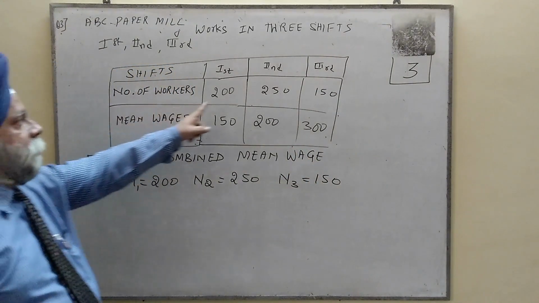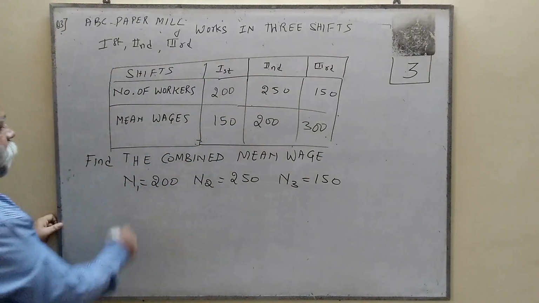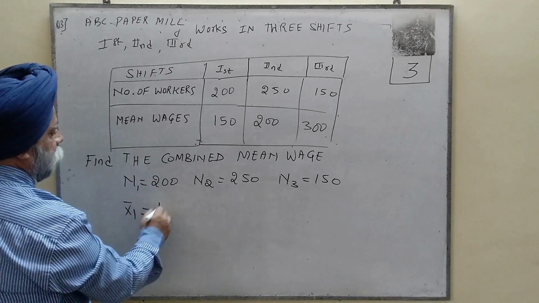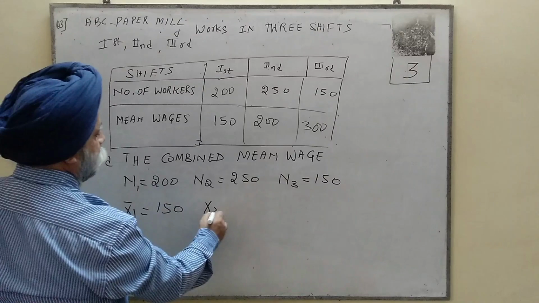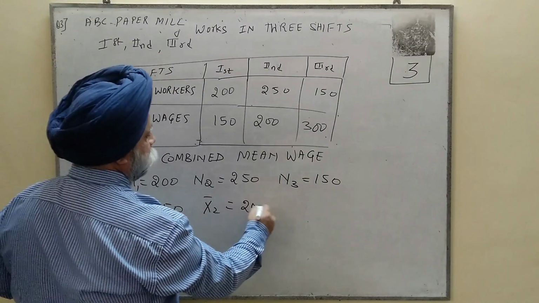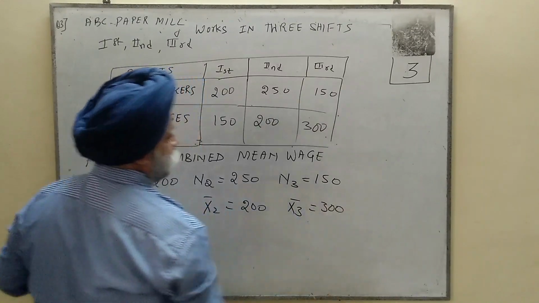3 शिफ्ट में काम करने वाले 200, 250 और 150 वर्कर्स है। हर एक का मीन वेज अलग अलग है। X1 bar is 150 rupees, X2 bar is 200 rupees and X3 bar is 300.